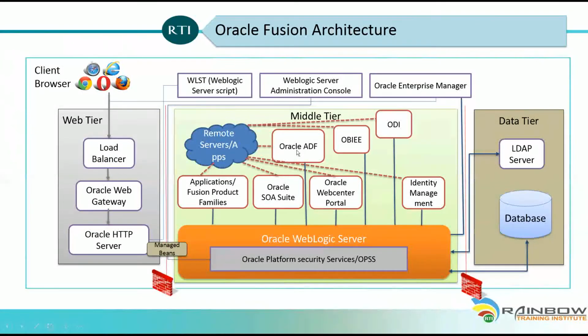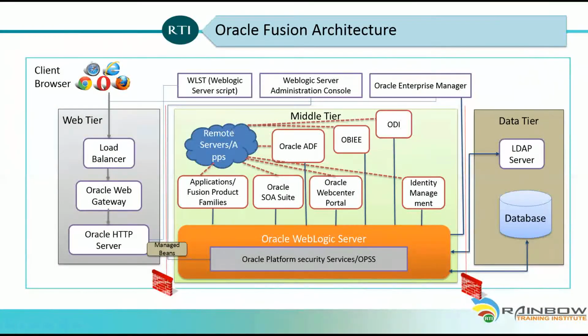And similarly, if you create your own custom application and deploy it into the WebLogic server, then in that application you may want to refer to data which is available in a remote server. Similarly, in the reporting tool, you may want to pull some data from your remote server.